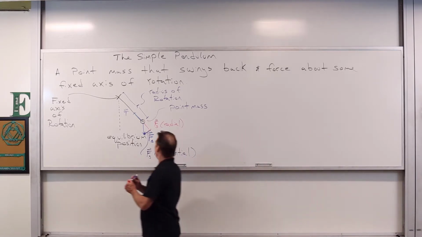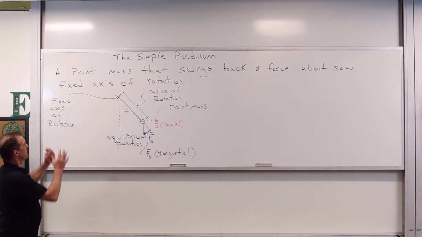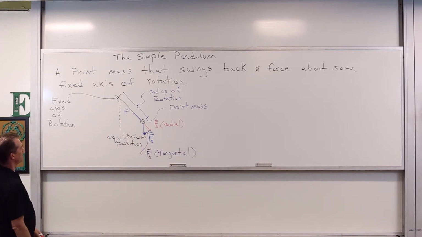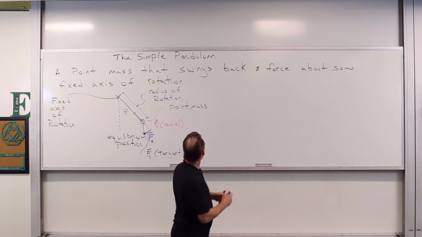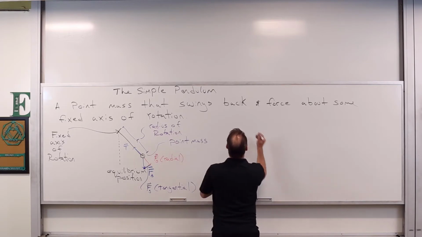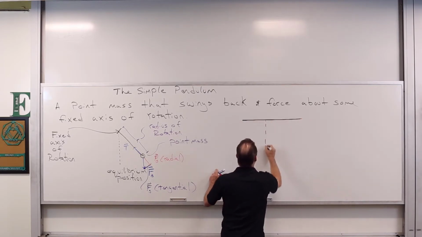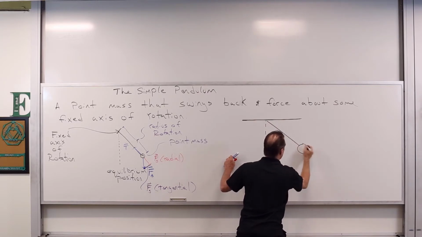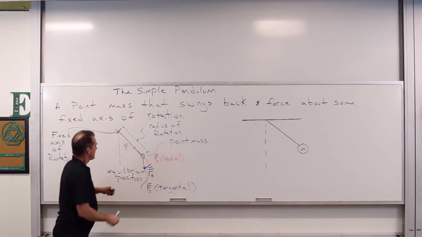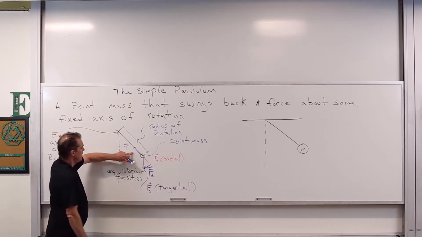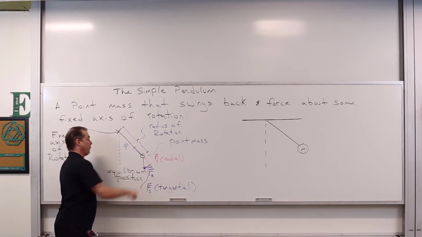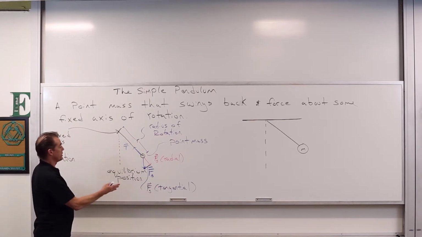So let's just examine it like this. I'm going to take that little portion right there and kind of blow things up a little bit. We've got things identified, but we'll redraw this slightly. Now we should be able to see that this force of tension and this force of gravity are in opposite directions, and if this mass isn't going that way or that way, parallel to the string, those two forces have to cancel each other out.